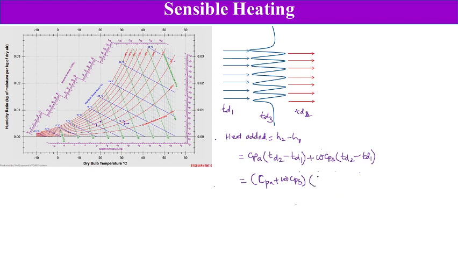Therefore, in the second bracket, TD2 minus TD1. So this we can write as the second equation, or this CPA plus omega CPS can be written as CPM in bracket TD2 minus TD1.